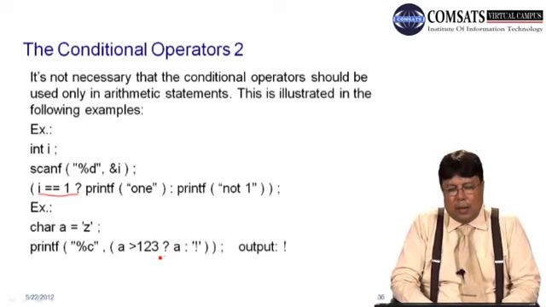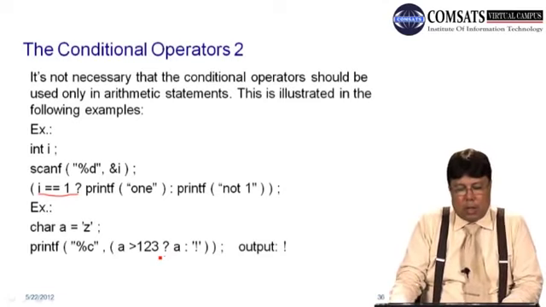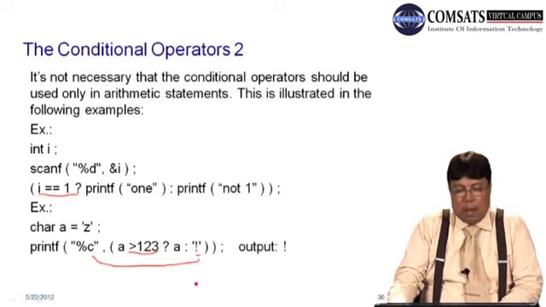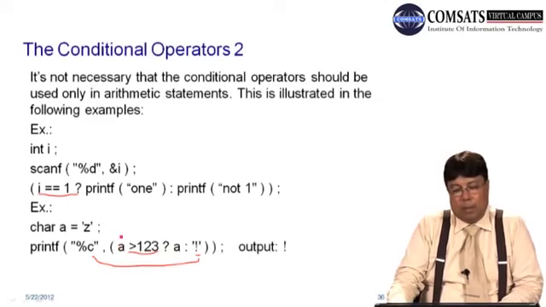So it is not greater than 123. This test expression result is false. If it is false, then the argument assigned to this %C will not be A. It will not print Z. It will print this sign of exclamation. I think the code of Z is 123, I'll check it out and let you know.